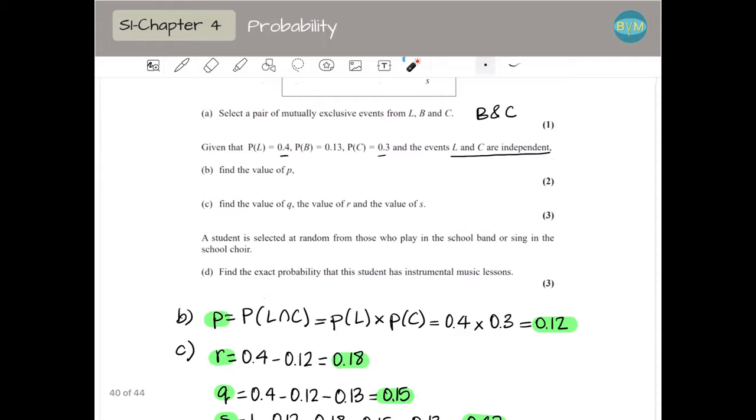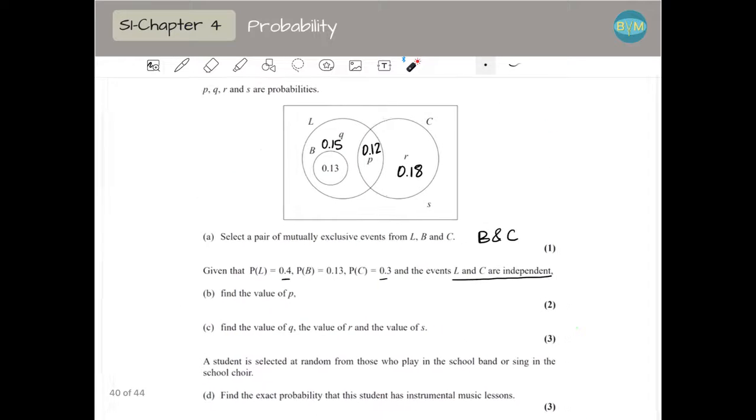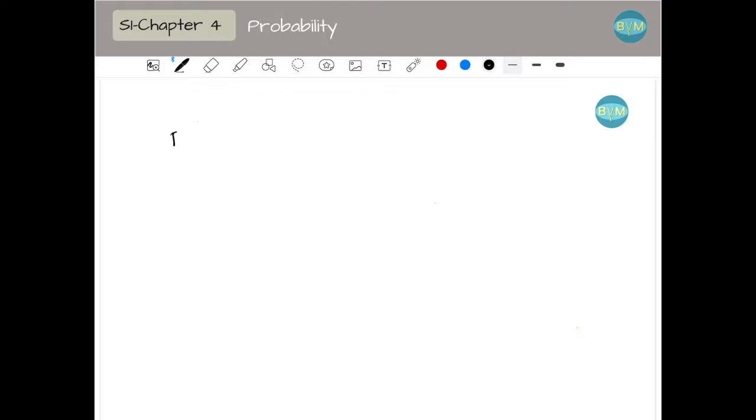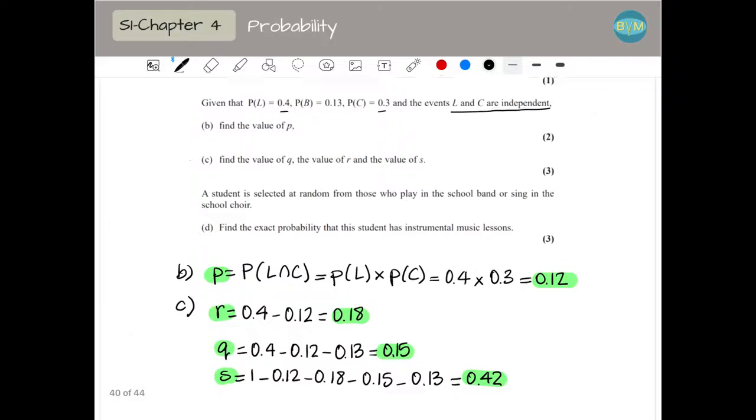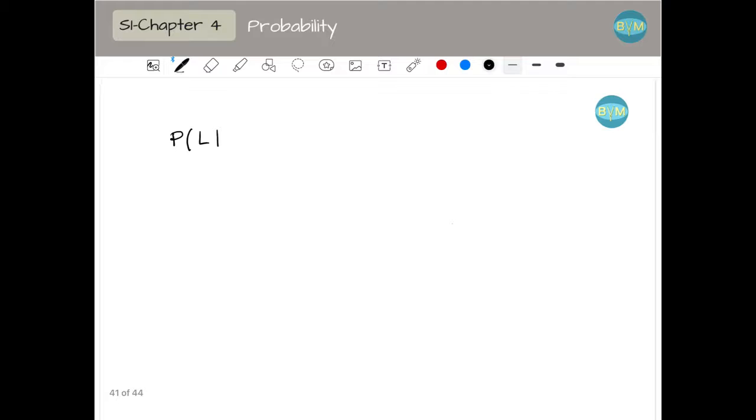So we need the probability that has music lessons, which is L. So we're really looking for the probability of L, given that he or she plays in the school band or sings in the choir. So band or choir. So we are looking for both things happening at the same time. So music lessons and is in the choir or the band, divided by the probability of B union C, what is happening.